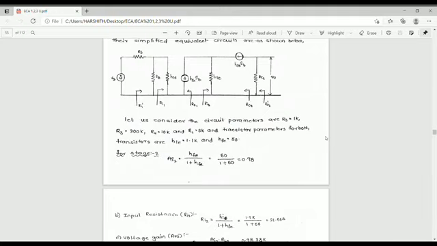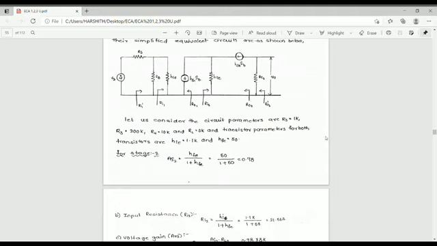The voltage gain AV2 equals AI2 times RL by RI2, which becomes 136.36. This is the second stage analysis.